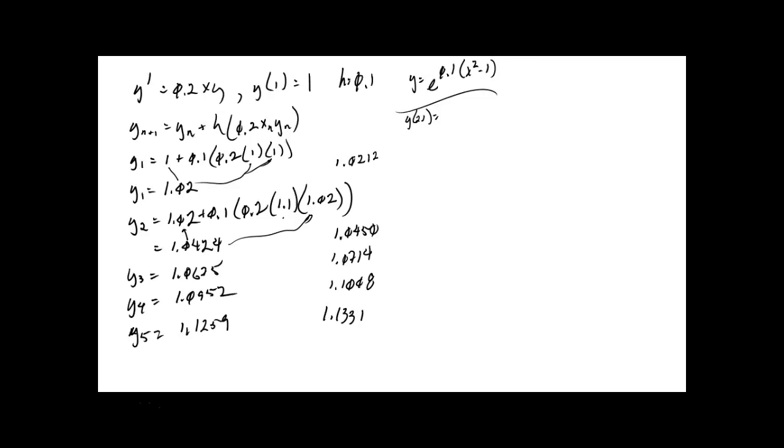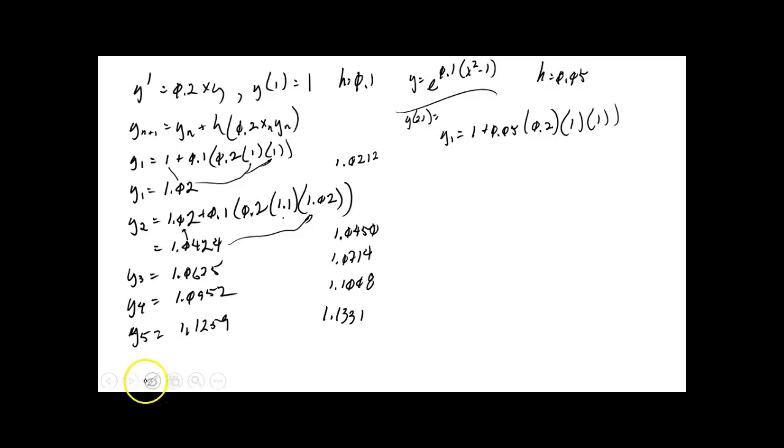Okay, now let's go over to the other side and do the 0.05. This is h equal to 0.05. When you do that, your y sub 1 is going to be 1, just like before, plus 0.05 times 0.2 times 1 times 1.